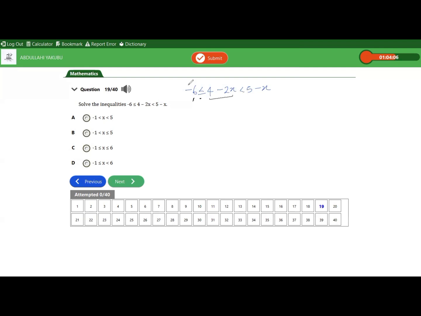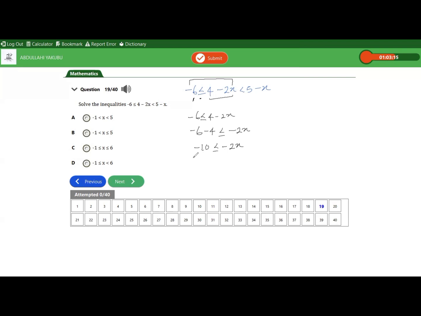So I'm going to have this as a single entity, which is minus 6 less or equal to 4 minus 2x. So this 4, I'm crossing this inequality sign, we have minus 6 minus 4 less or equal to minus 2x. So in that case, minus 6 minus 4 gives us minus 10 less or equal to minus 2x.